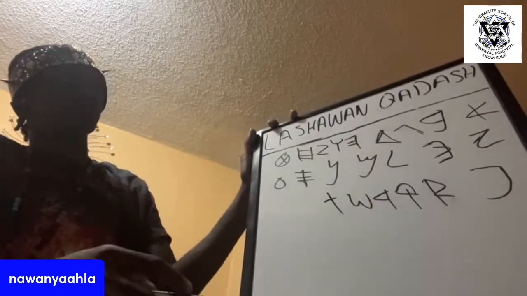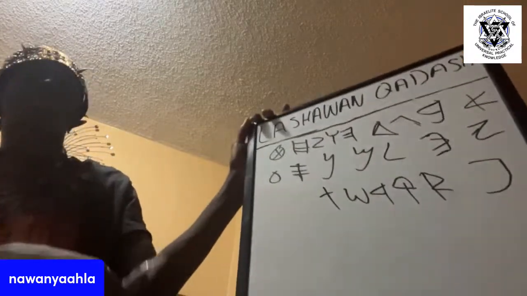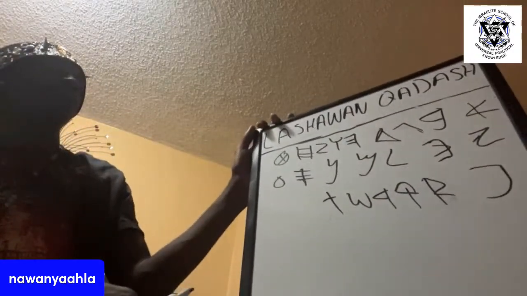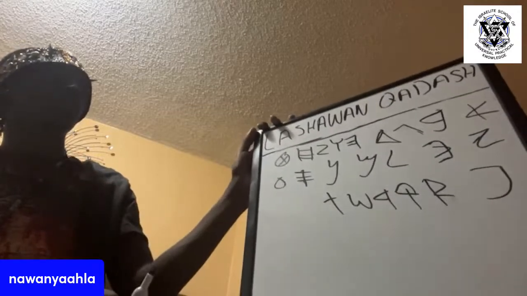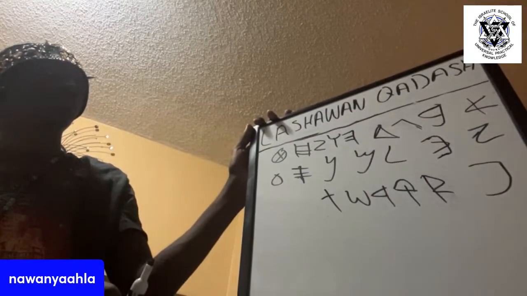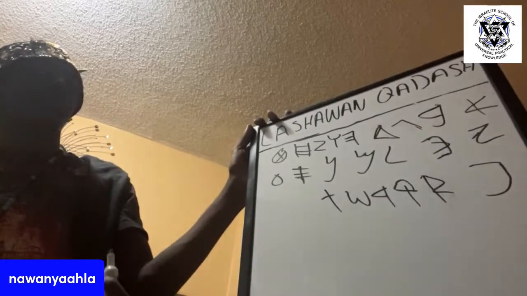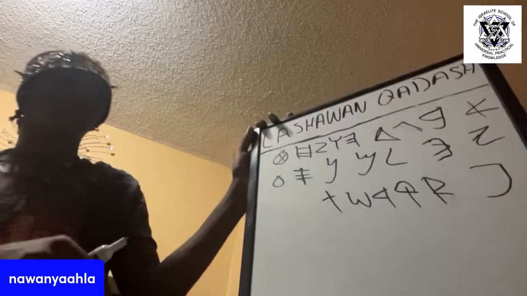That's all the characters in the Paleo, well, in the Lawshawan Qadash. But right now, this is the Paleo. There's 22 characters in our alphabet.